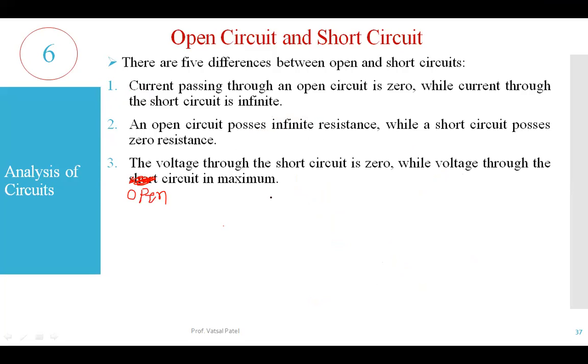I will show the diagram also, so that you can understand very well. Like when you have any short circuit, let's say in the original diagram, you will identify the voltage here, right? Because you have the resistance here.